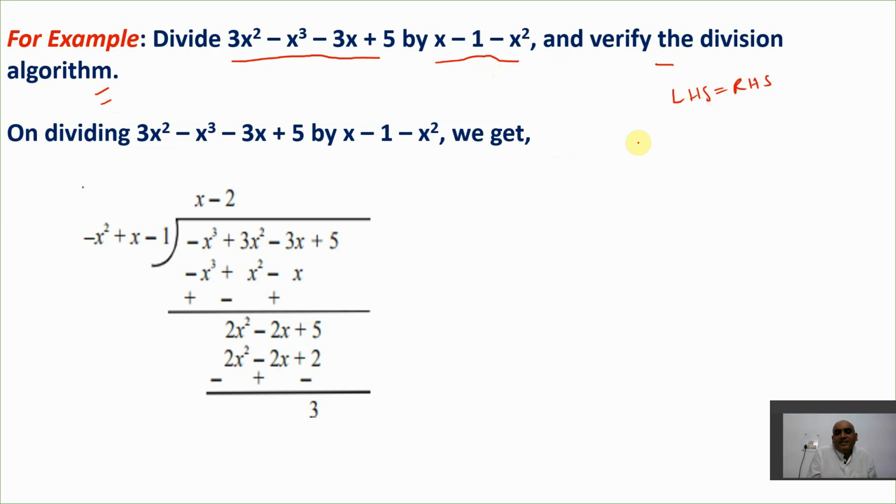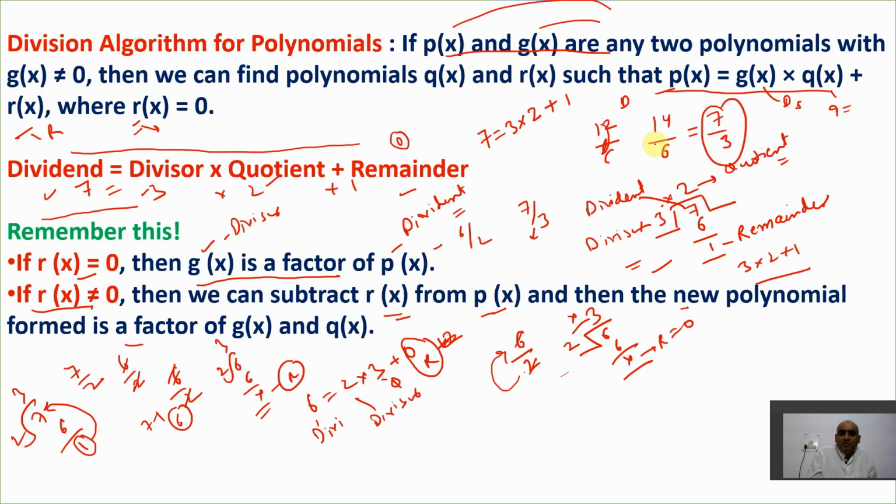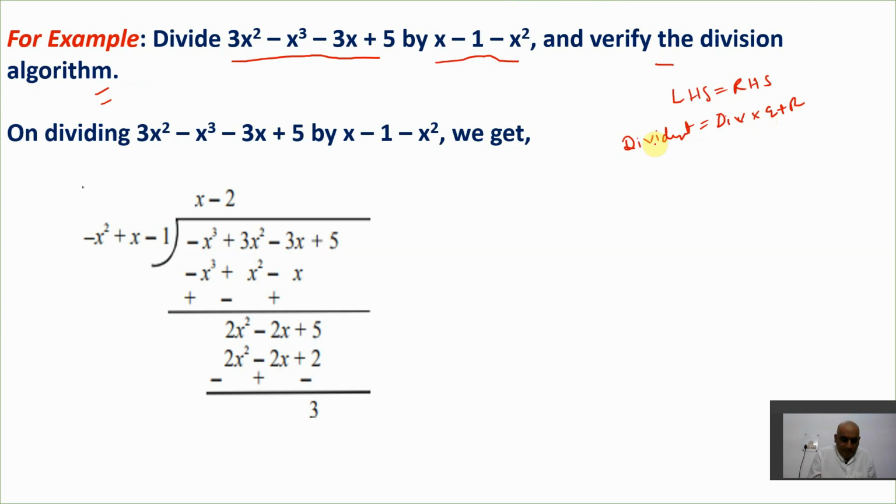Now, what is the LHS here? We know the basic formula: dividend is equal to divisor into quotient plus remainder. That's the basic formula here. Or also you can write P(x) is equal to G(x) into Q(x) plus R(x).